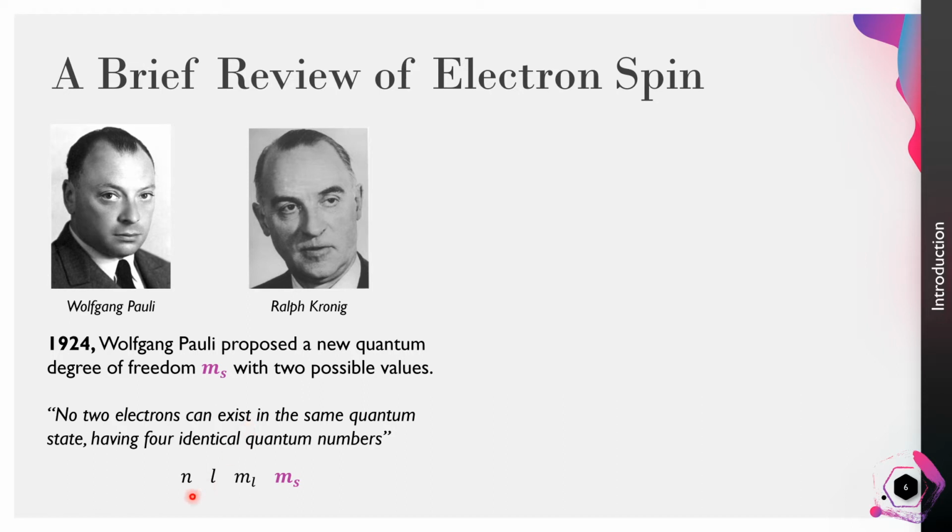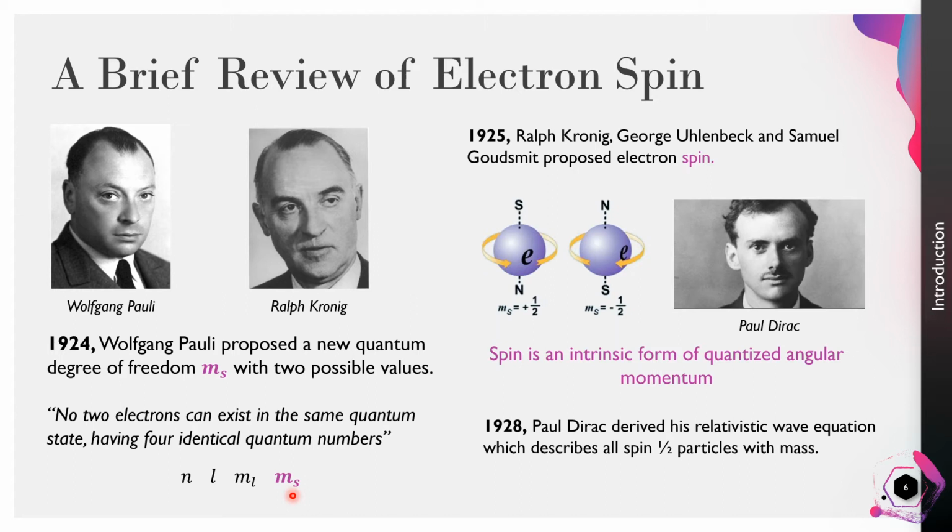So we have our principal quantum number, angular momentum, magnetic quantum number, and spin quantum number. The spin quantum number was later identified by Ralph Kronig, George Uhlenbeck, and Samuel Goudsmit as the proposed electron spin.